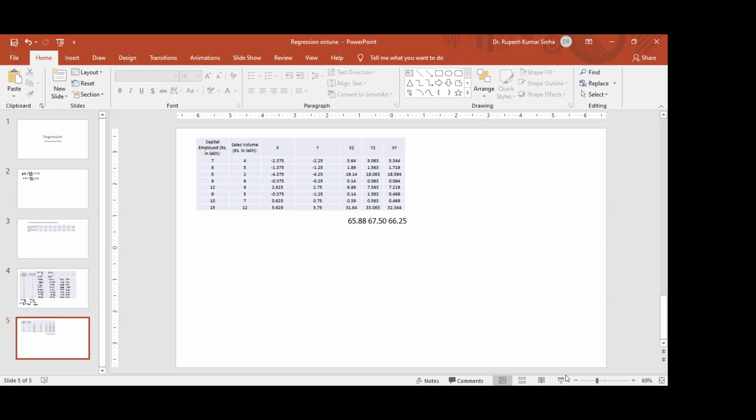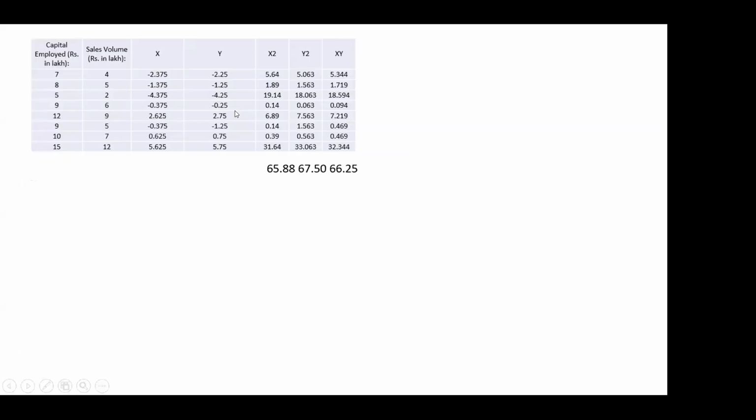Hope you are able to see it now. So we have got all these calculations, and x square, y square and xy values are here.